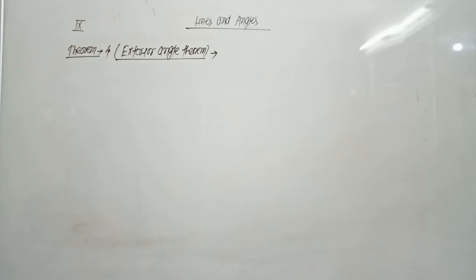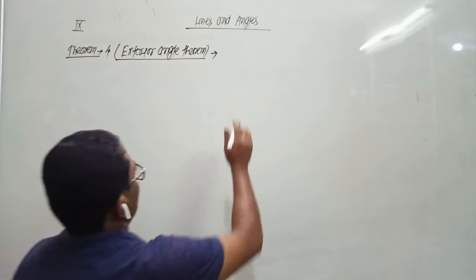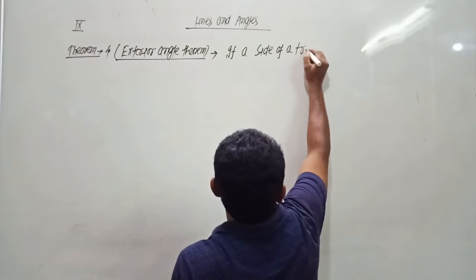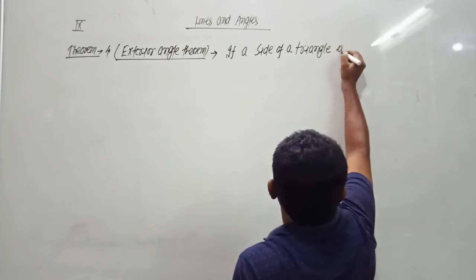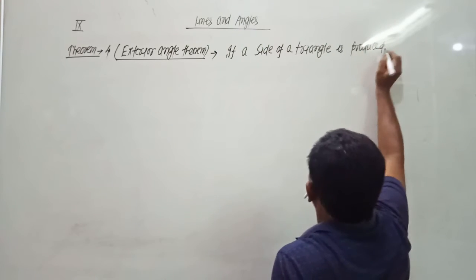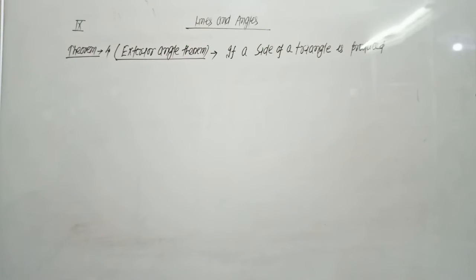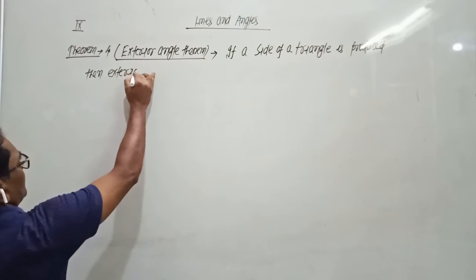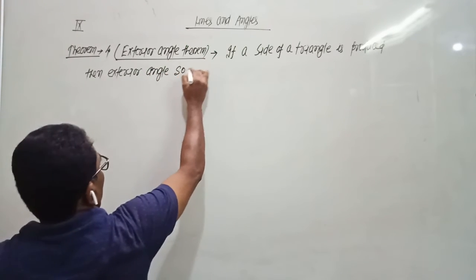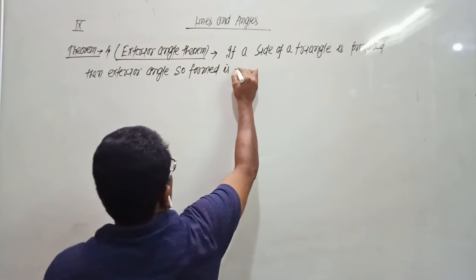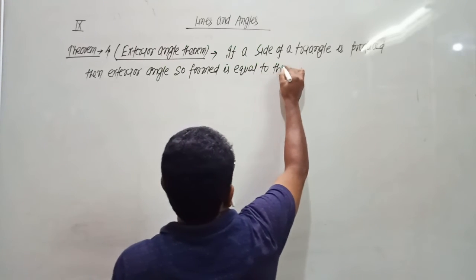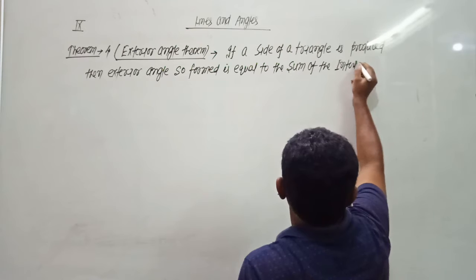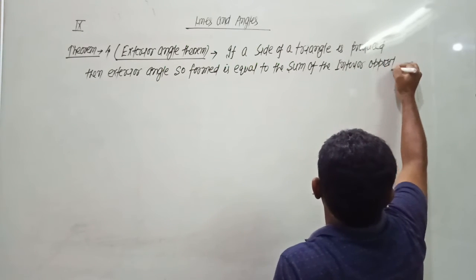The statement is: if a side of a triangle is produced, then the exterior angle so formed is equal to the sum of the interior opposite angles.